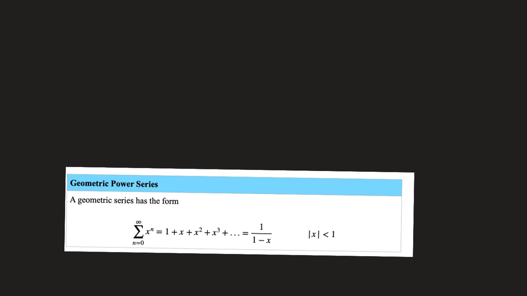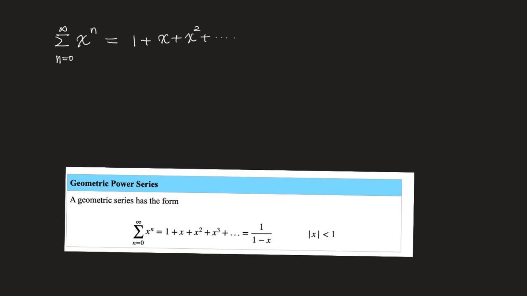Let's talk about the geometric series. Before I give the geometric power series, the geometric series looks like summation x^n, n equals 0 to infinity. Expanded, it is 1 plus x plus x squared and so on. This series has meaning only if x is inside the interval of convergence.